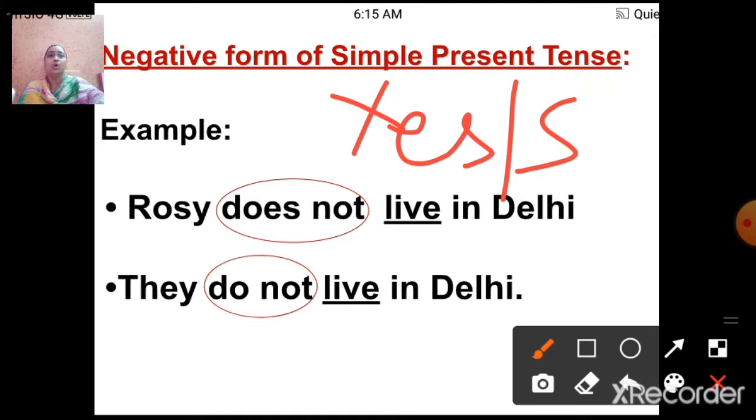They do not live in Delhi. Alright students, keep this in mind: with the singular subject we will use does not, and with the plural subject we will use do not, and we are not going to add es or s.